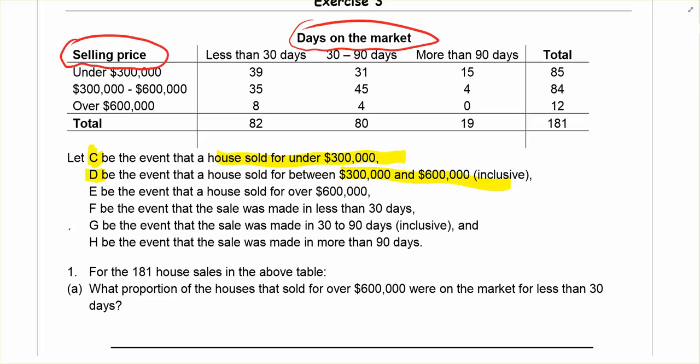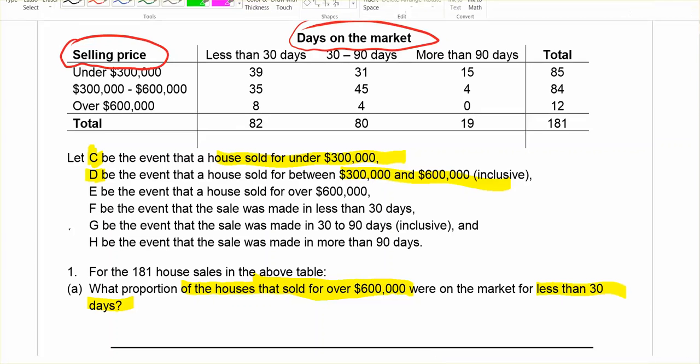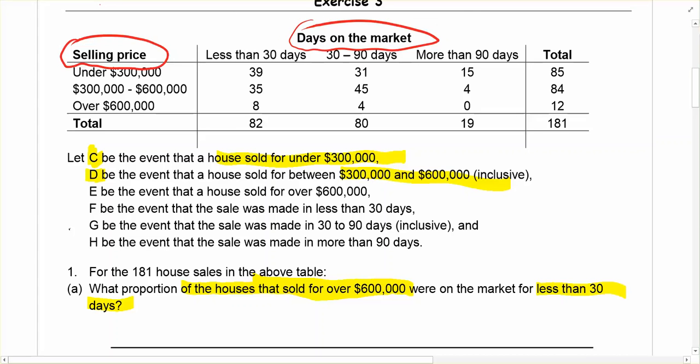So the first thing, question 1A. For the 181 house sales in the above table, so it's all talking about these numbers in the table. Question A says, what proportion of the houses that sold for over $600,000 were on the market for less than 30 days? The first thing we've got to ask ourselves is, what's this question out of?